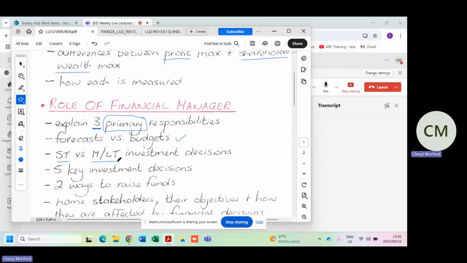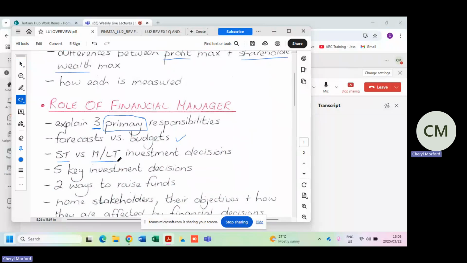So when it comes to the short-term investment decisions, this could be, for example, investing in inventory, making sure that working capital is managed efficiently so that funds are available in the short term to be spent on whatever is needed. The medium to long-term investment decisions relate to investment in non-current assets.